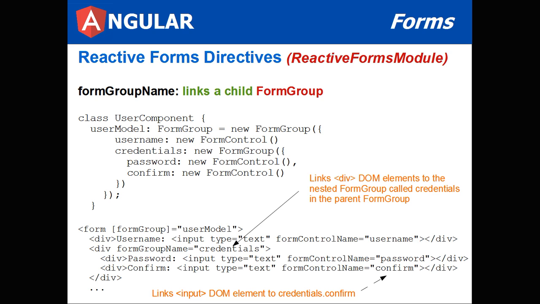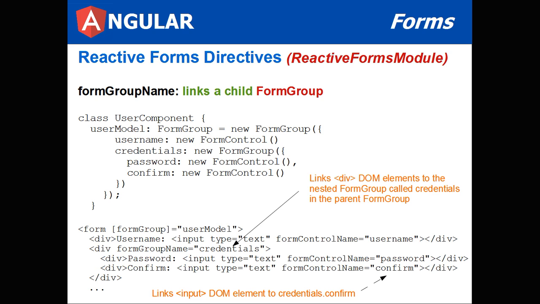Okay, form group name links a child form group. So suppose we had the class user component. We have a user model, which is a form group. We instantiate the form group, and we define the attributes of the form group. Username is a new form control, which is an attribute of my form.